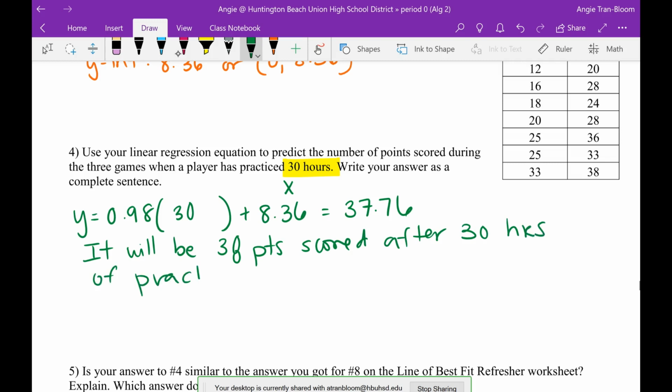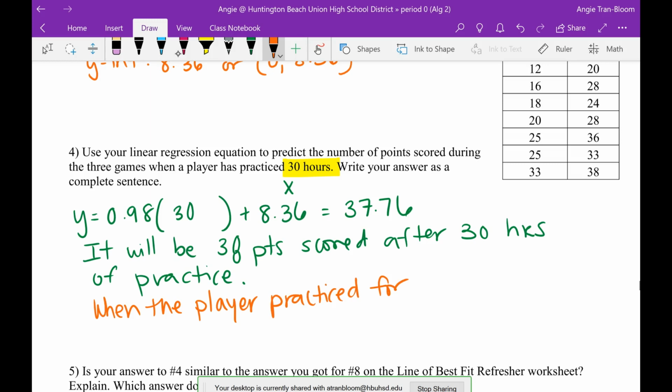Okay, I'll just take one more student. So this will have a couple of different variations here. Megan B, can you give me your sentence, please? That's okay. When the player practices for 30 hours.